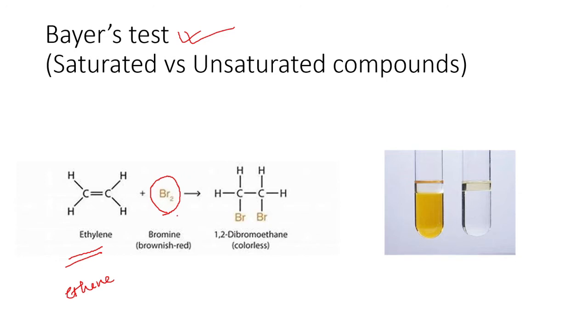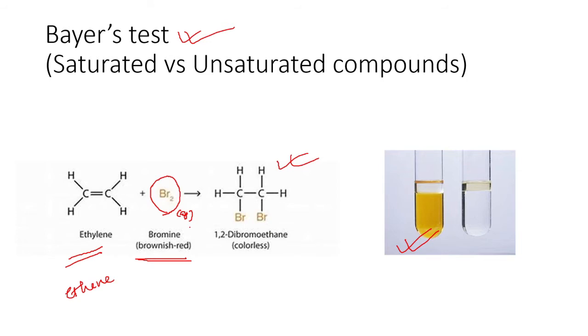This is aqueous, which is brownish red, or the color is something like this, if you see here. So this brownish red bromine can react with ethylene, and two Br atoms can attach to the two adjacent carbon atoms, and it will get converted into dibromoethane, basically 1,2-dibromoethane here, and this is colorless.